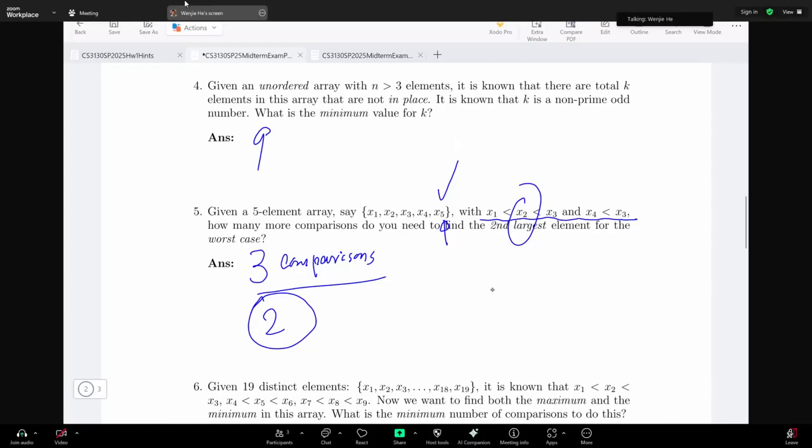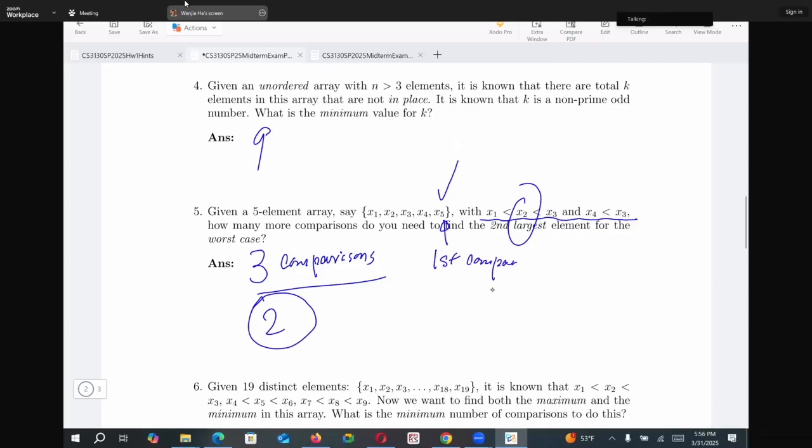So the student's first comparison is x3 and x5. Now one is larger, one is smaller. If x3 is larger, x3 is the largest. So there are 2 cases: x3 greater than x5, and second case, x3 less than x5.